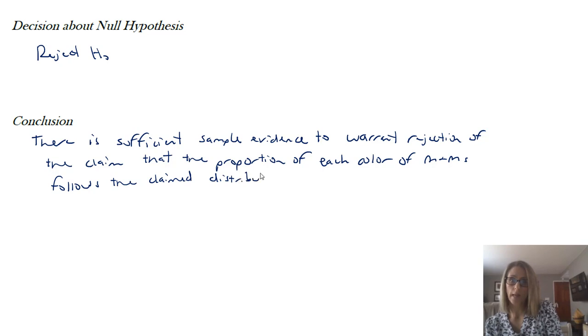Now you could say that the proportion of blue is 23% and the proportion of orange is 23% and so on and so forth, but I'm just going to say the proportion of each color of M&Ms follows the claim distribution.